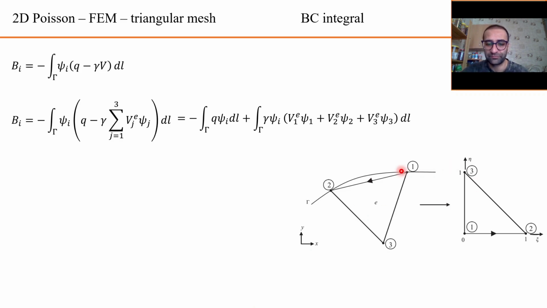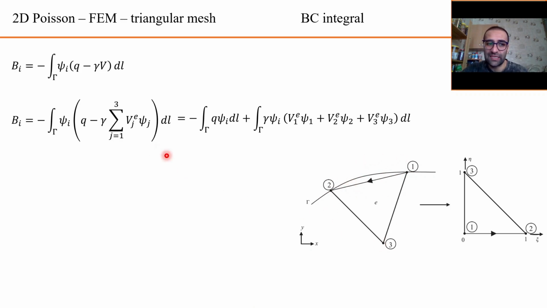Therefore, we can have, for example, 1, 2, 3, or 2, 3, 1, or 3, 1, 2, as we have here. And you see that now node number 1 and node number 3 are located on the boundary. It means that this edge is representing the boundary of our simulation.